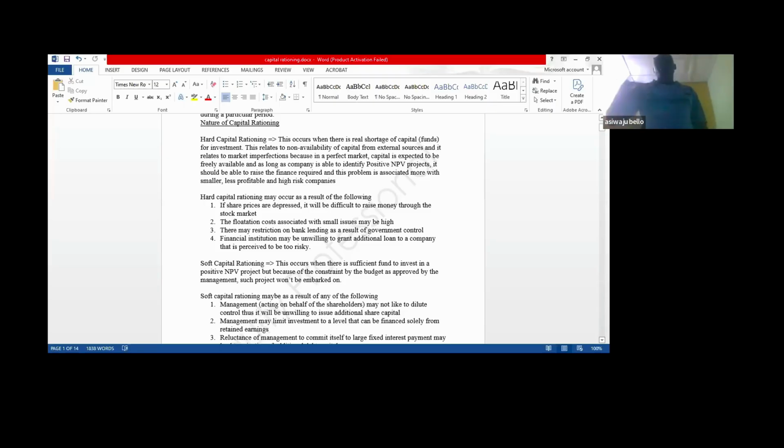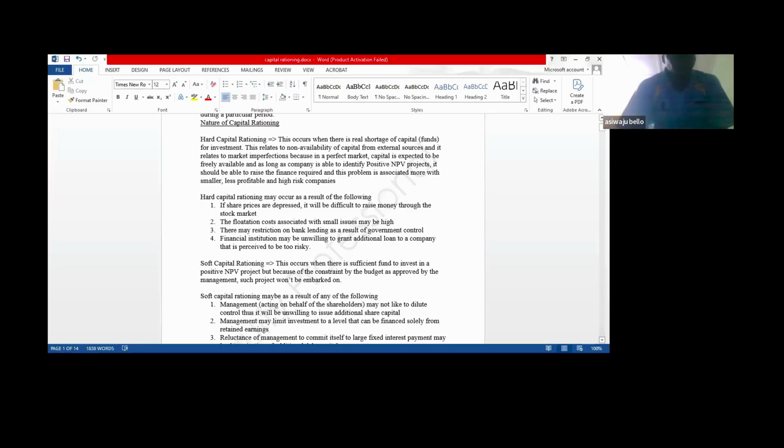Investors will not be willing to buy your shares. If you decide to issue new shares to the public, you can issue new shares, but will the public be willing to buy? If the public observe that your share prices are falling, they will stay away from your shares. That is one of the reasons.